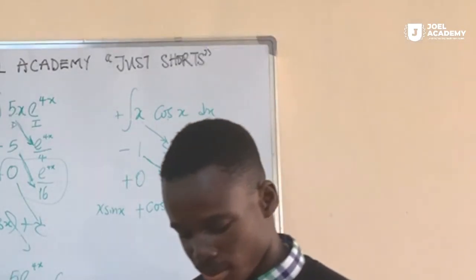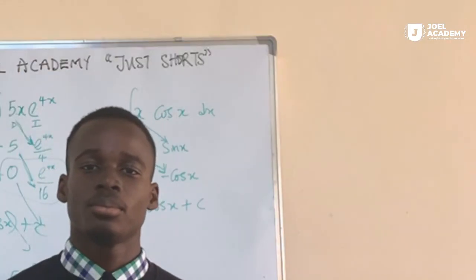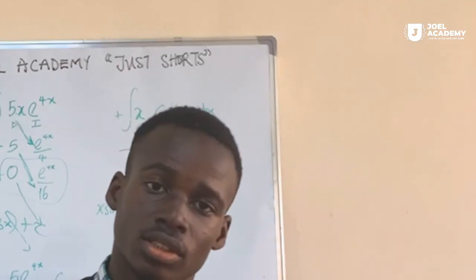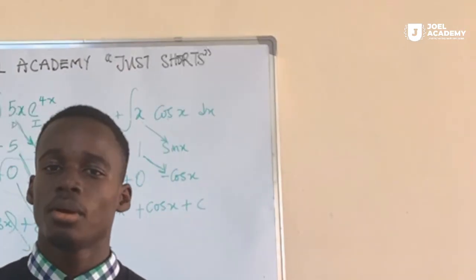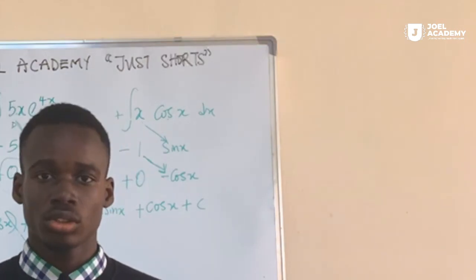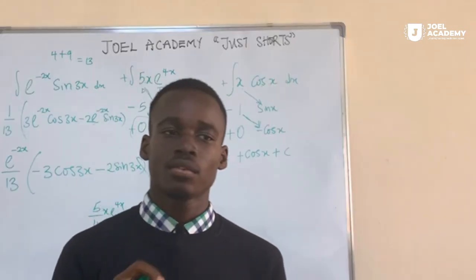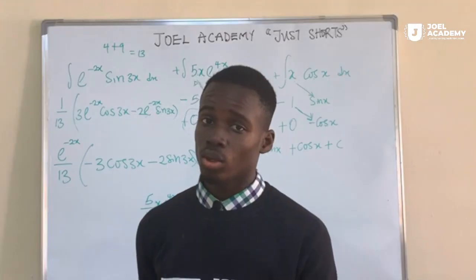So now, these are the shortcuts we have for integration. We've done shortcuts on basic integrations, integration by substitution, by factorization, when we have product, which is where we make use of integration by parts, and also where we have quotients, we have divisions. So I'm sure we've learned a whole lot from this.